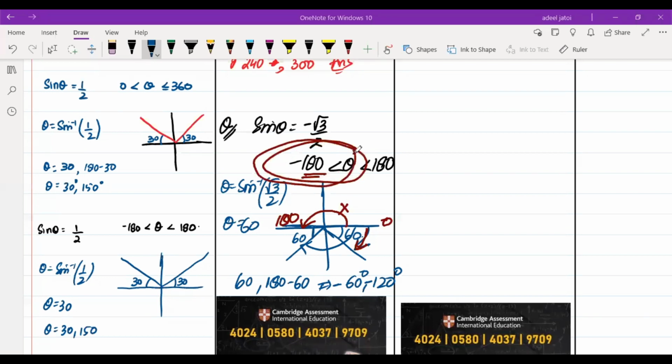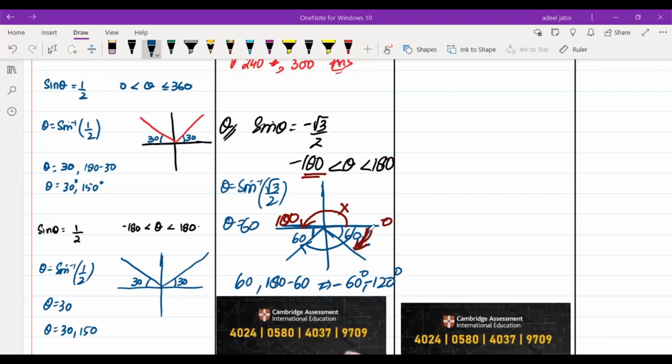So when the domain is negative, we will move clockwise. When the domain is positive, we will move anti-clockwise. Since the question says till minus 180, we will start from 0. When we start from 0 and go anti-clockwise, we'll move towards 180, and there are no angles here. But when we move clockwise, we know that there were two negative angles.